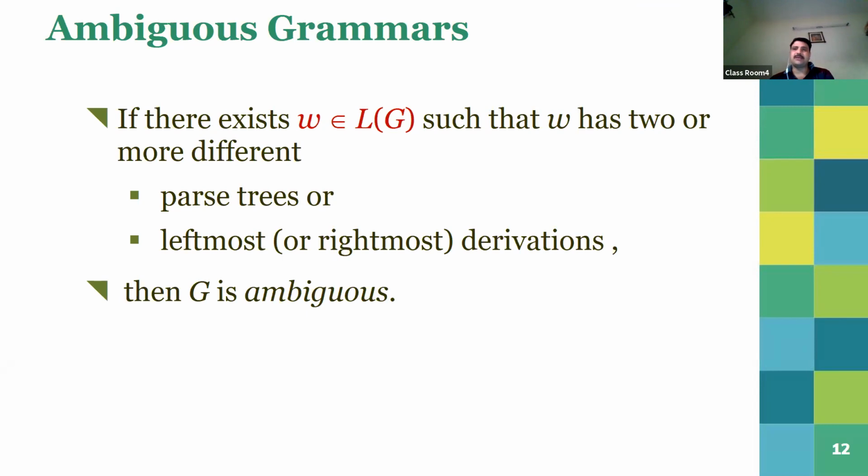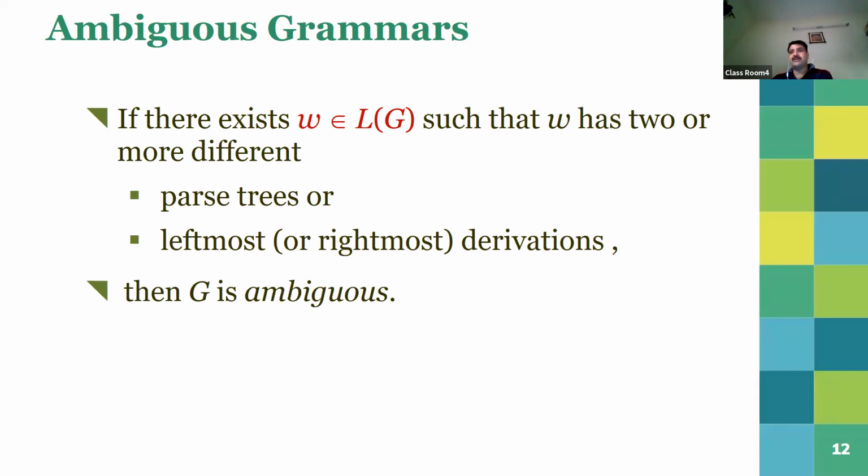The simple definition is: if there exists a string W that belongs to the language of that grammar, such that W has two or more different parse trees, or two or more different leftmost derivations, or two or more different rightmost derivations for the same string, then we call the grammar an ambiguous grammar.